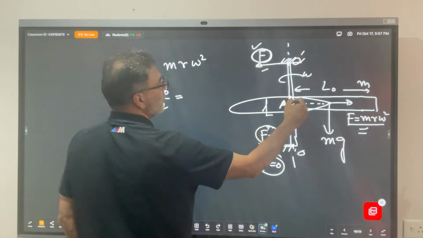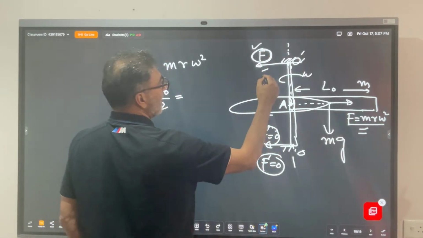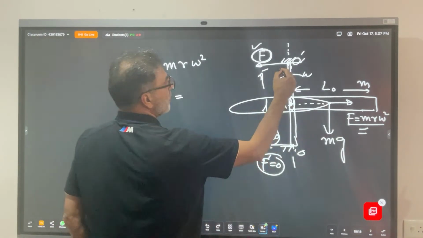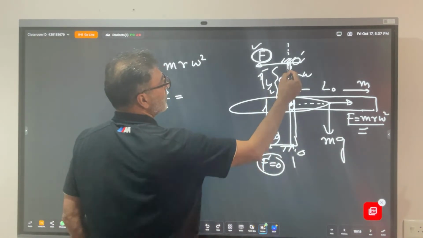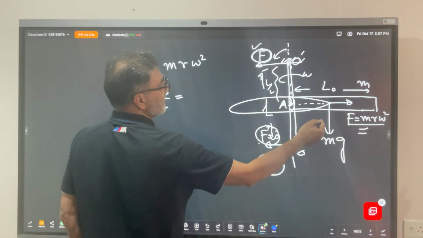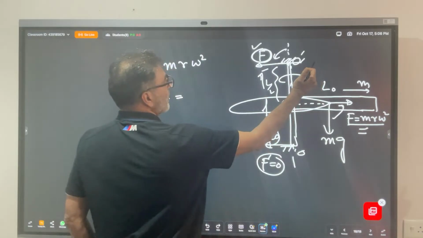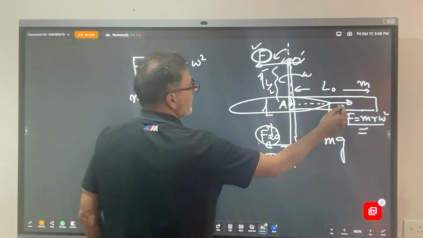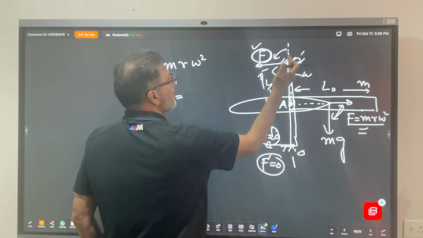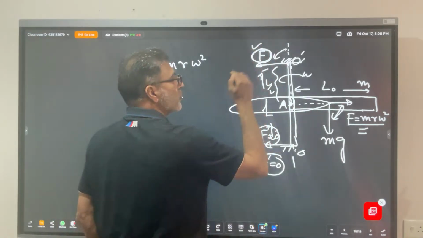If this whole length is L, then this is half the length, L by 2. So this torque is in this direction and it creates torque in this direction. This is anti-clockwise torque and this is clockwise torque. These two torques should balance out.